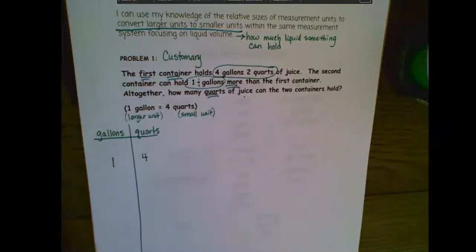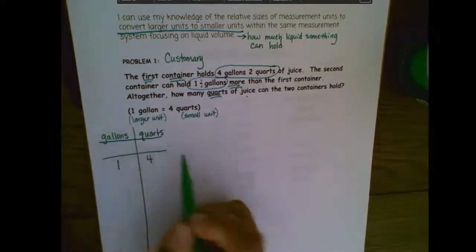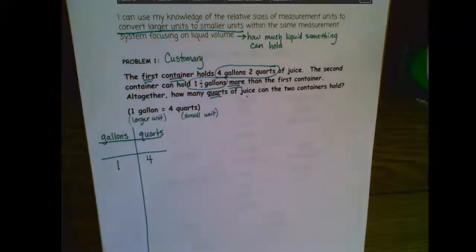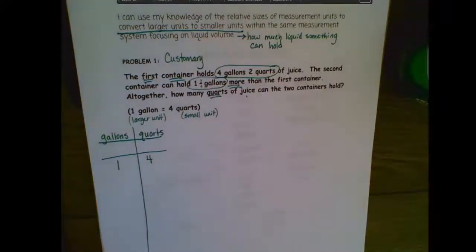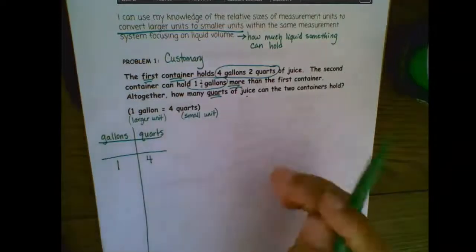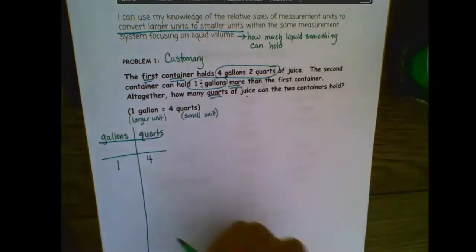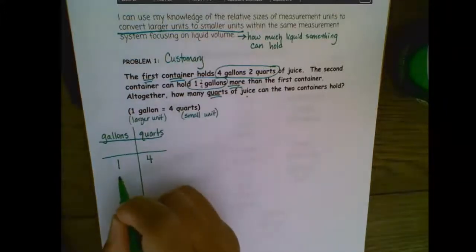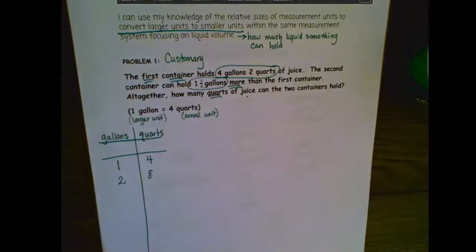Okay? And remember what I did every day this week so far. I've left a little space in between, and we always have to come back to that if there is a fraction in the problem. But we'll come to that later. Now, the key has told me that there's 1 gallon for every 4 quarts. So I know that if I have 2 gallons, that will equal 8 quarts, right?